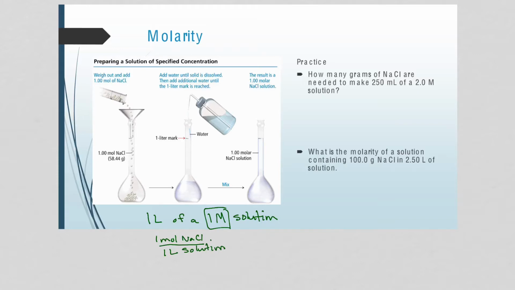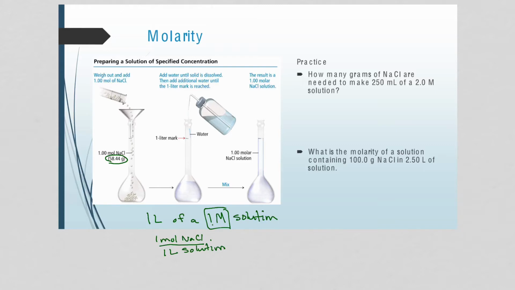That's what the designation of a 1 molar is, 1 mole per liter. So if I want to do this, I'm going to measure out 1 mole of sodium chloride. This would be the molar mass, so we're going to have 58.44 grams, or 1 mole, of sodium chloride.